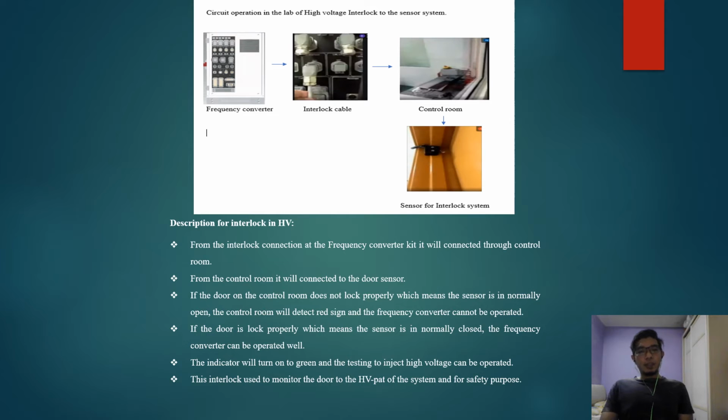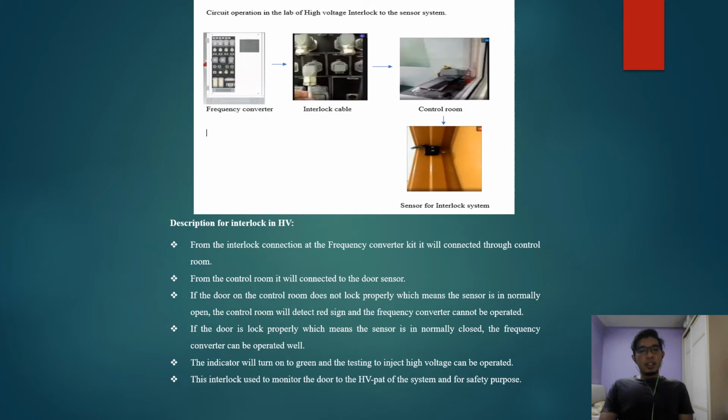After that, if the door on the control room does not lock properly, which means the sensor is normally open, the control room will detect the right sign and the frequency converter cannot be operated. Then, if the door is locked properly, which means the sensor is normally closed, the frequency converter can operate well.